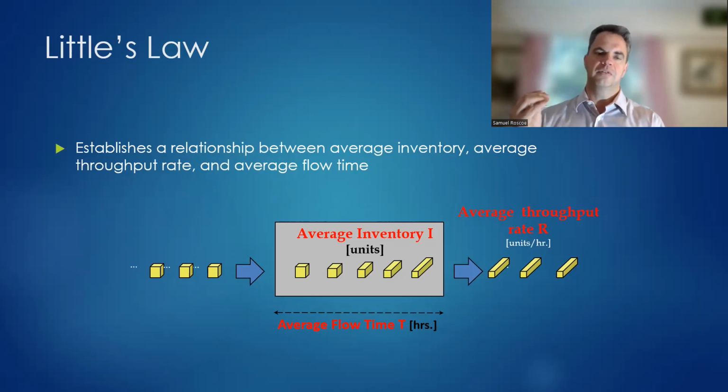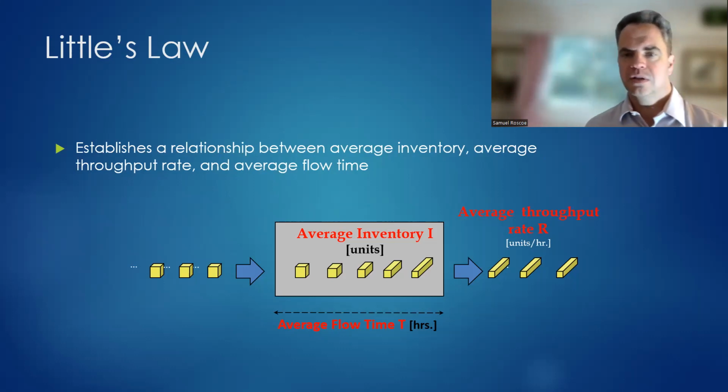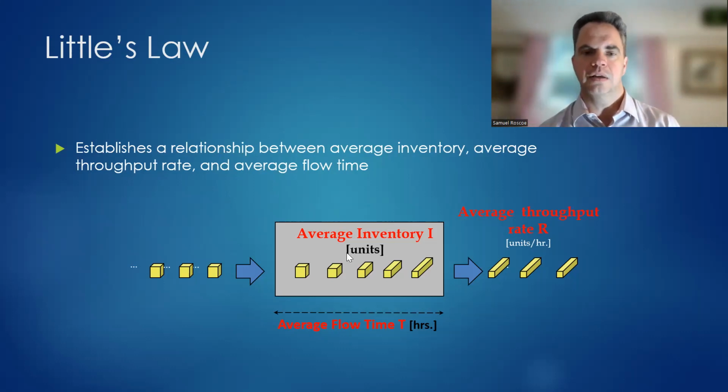Your throughput rate refers to how many cars you make per hour or per day or per minute, whatever it is. The throughput rate is the amount of units that you make in a particular period of time. So your average inventory is happening in the operation. Throughput is when it's actually turned into a product and comes out the other side. And then the flow time is how long it takes to go through the process.